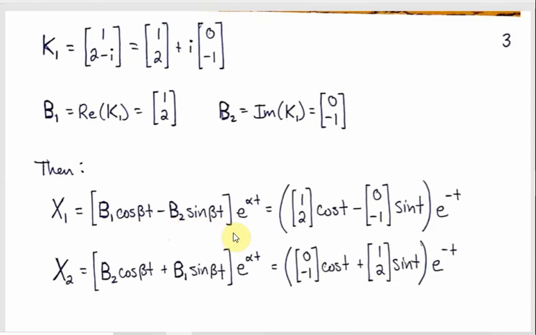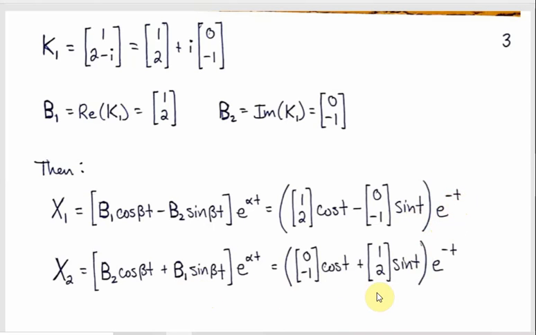So we can say, okay, well then b1 is the 1, 2 vector, and then cosine of just t, because our eigenvalue that we're using is -1 plus I. So in that case, alpha is -1 and beta is +1. So just cosine t, and then minus, there's the b2 vector, times sine t, and then e to the alpha t, alpha is -1 here.